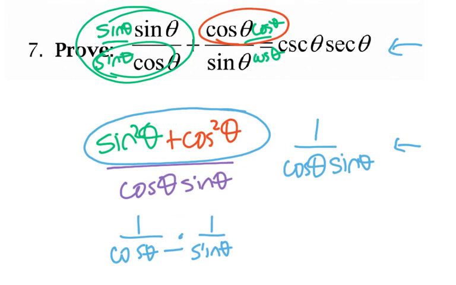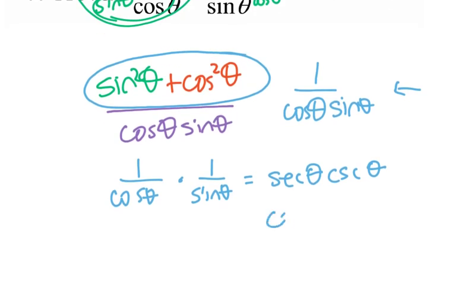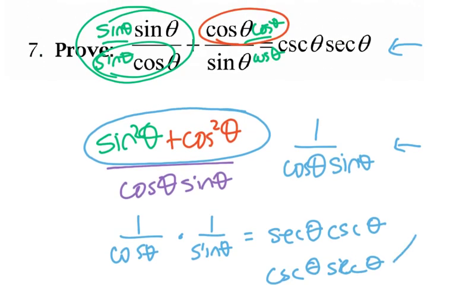So 1 over cosine theta is secant theta, and 1 over sine theta is cosecant theta. The commutative property says that it is the same thing as cosecant theta secant theta. And so I've proven what I needed to prove.